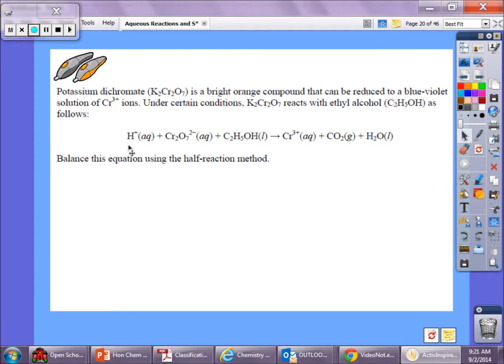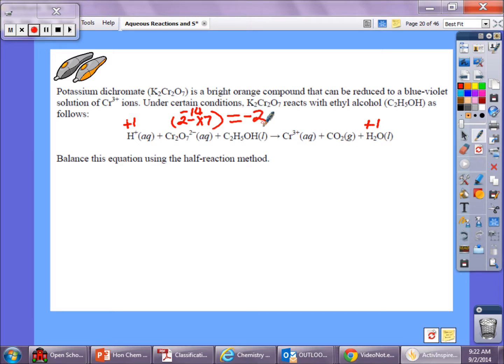H plus is 1 plus, and this H plus is 1 plus, so there is no change in your hydrogen. Chromium here, oxygen is 2 minus. There are 7 of them, 7 times 2 gives you 14. This is minus 14. You need the whole species to be minus 2.